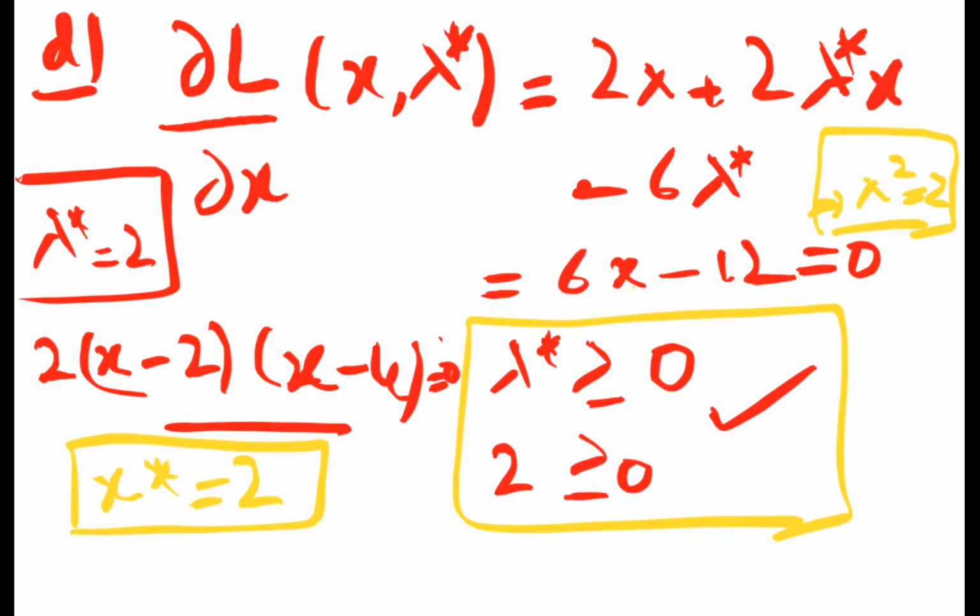This might be a bit confusing because strong duality doesn't mean that lambda star is equal to x star. This is not the case. This is important because in this case the values happen to be the same, so some people may get confused.